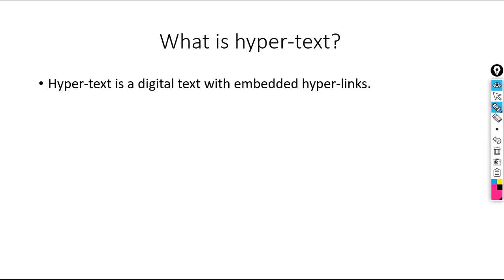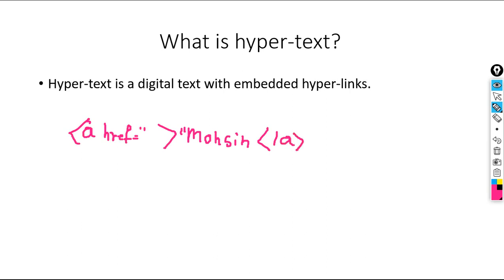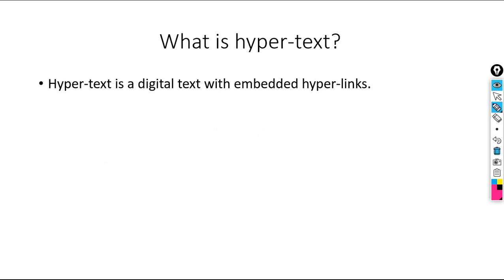For example, this is my name Mohsin and I am embedding a link in this text with the help of the anchor tag. So this is hypertext. Now let's move on.